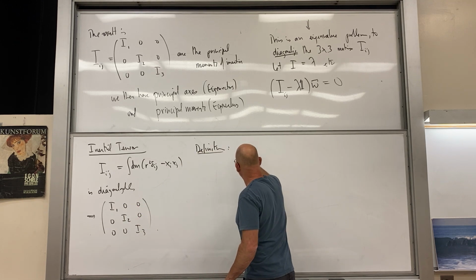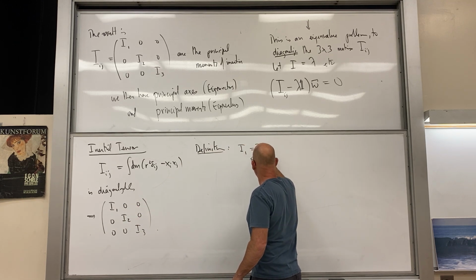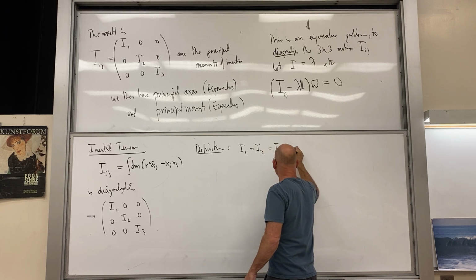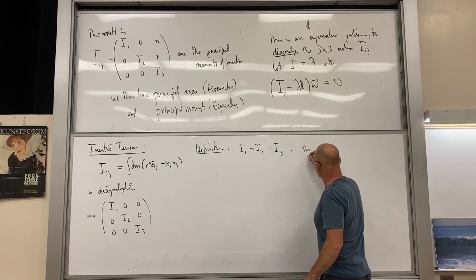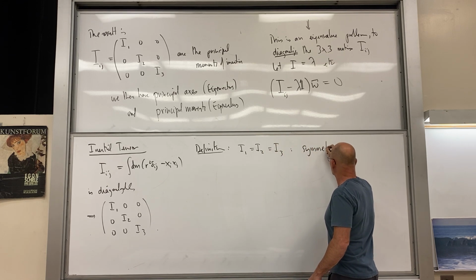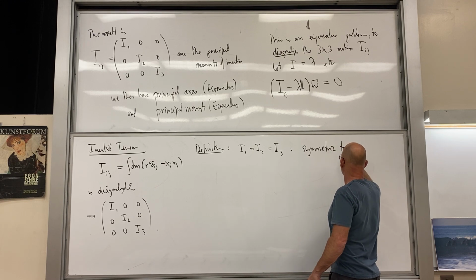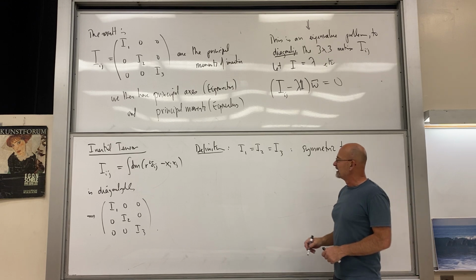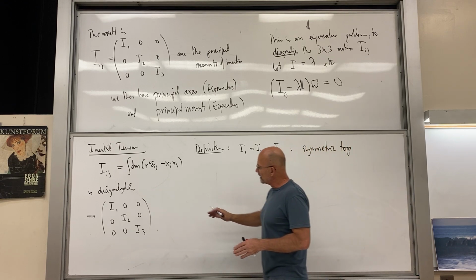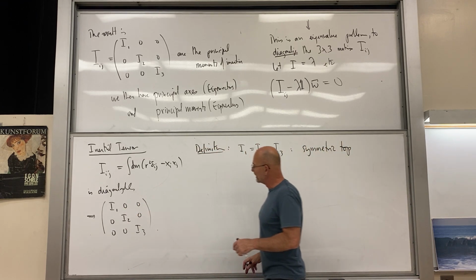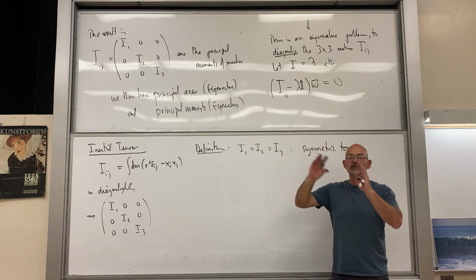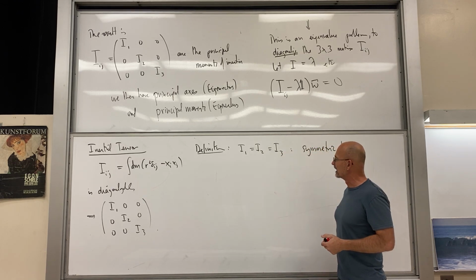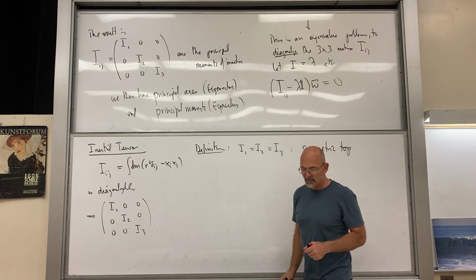So if we have I1 equal to I2 equal to I3, we have the symmetric body, it's called the symmetric top, as in a rotating top, right? And any body where these three are equal is then equivalent to, say, a perfect sphere where they're clearly equal. So that's the symmetric top.